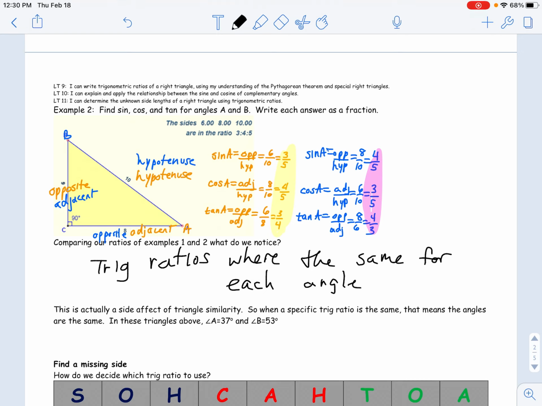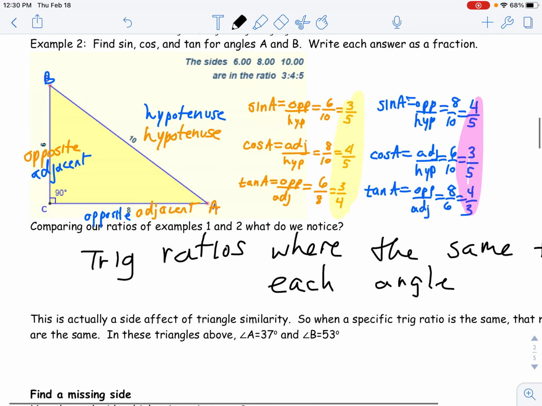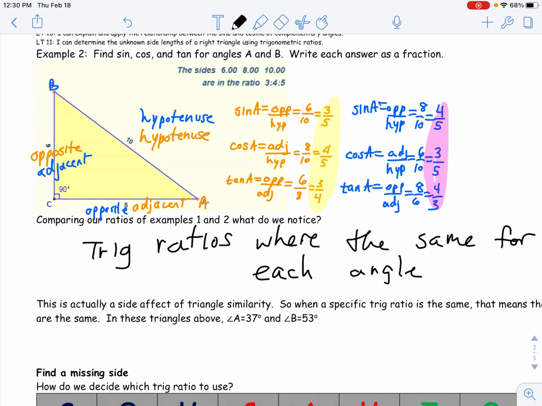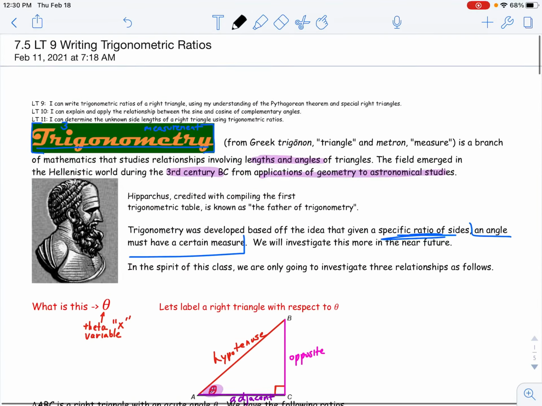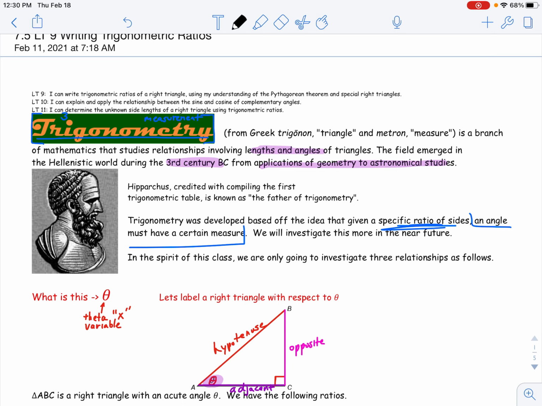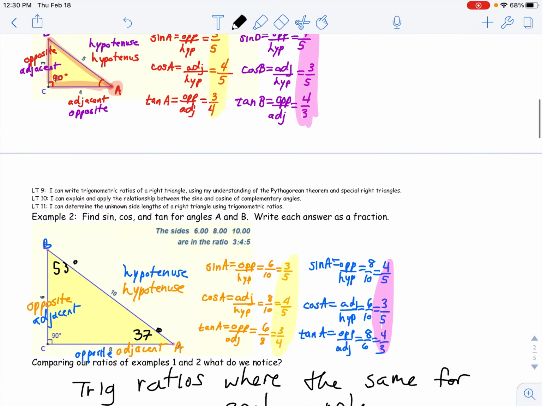And this is why trig's so powerful. This is why it's so important. This is why it's so useful, is that the trig ratios are going to be the same. So say you have the sine of some angle is 3/5, well, that forces that angle to be about 37 degrees and about 53 degrees. That's what Harpakis, our dude up here, did. He figured out given the ratio of two sides, it forces an angle to be a certain measure.